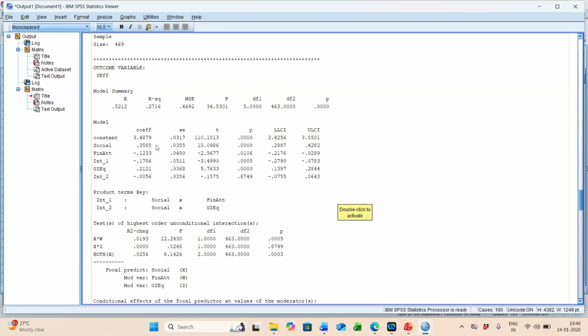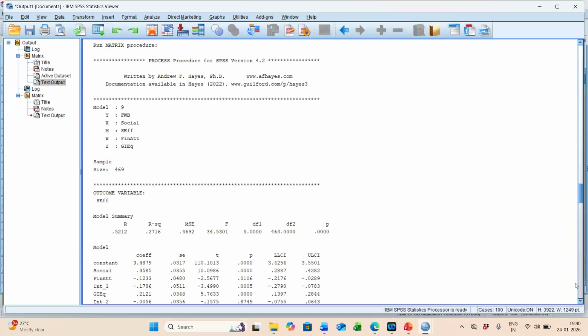See, the effect of socialization on financial well-being is 0.35, and that is significant. The effect of financial attitude on financial self-efficacy is actually negative. The p-value is less than 0.05, so it is significant. The interaction is also negative. So the p-value is less than 0.05.